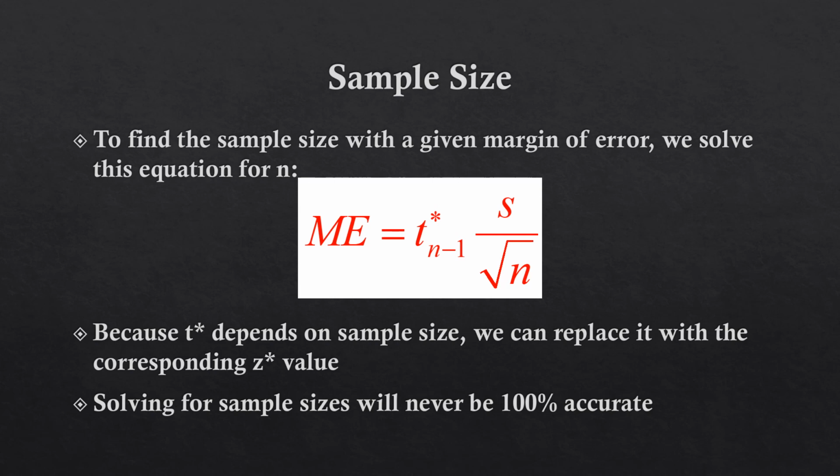Because t star depends on sample size, what you want to do is replace it with the corresponding z star value. This will make it so that it's not totally accurate, but it's the best thing we can do. You can't solve this type of problem if you have two unknowns. So instead of using t star, we use z star, and then from there we can solve for our sample size.